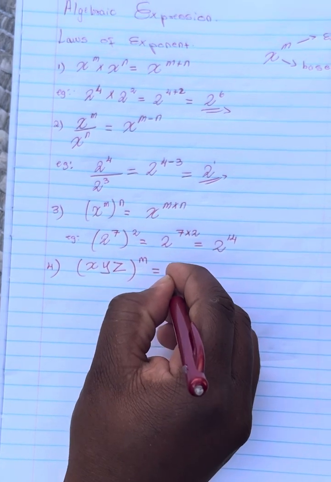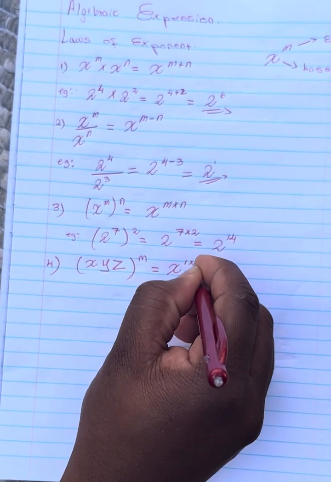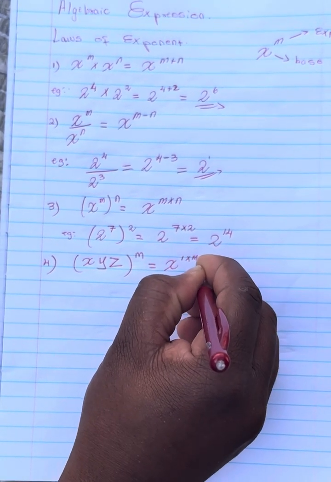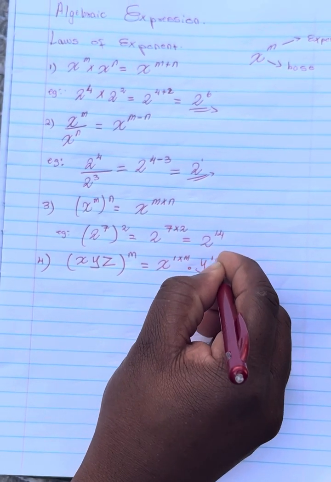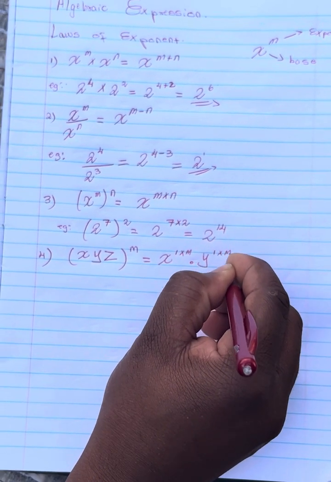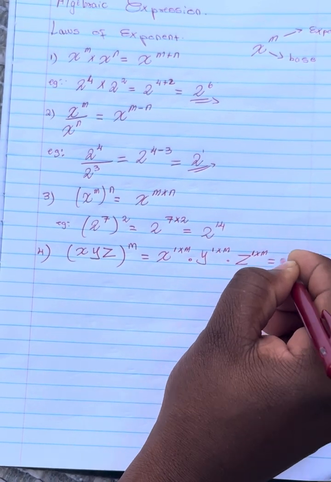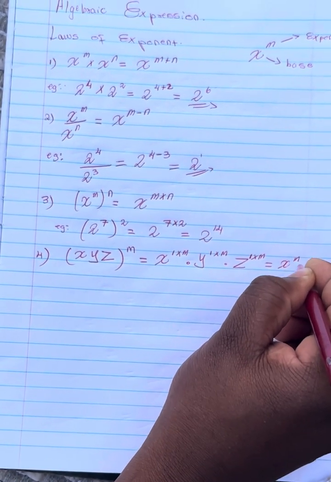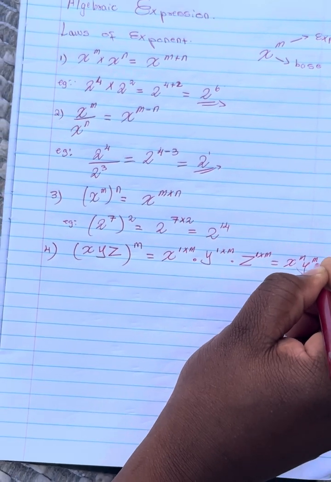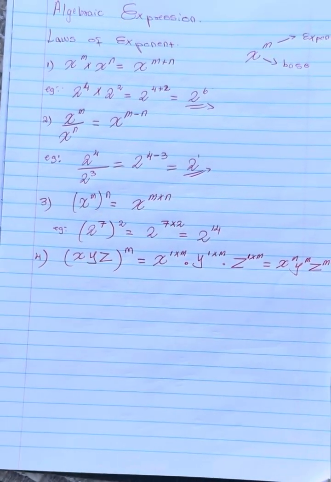So it will be x to the power of 1 multiplied by m, y to the power of 1 multiplied by m, again z to the power of 1 multiplied by m, which is the same as x to the power of m, y to the power of m, and z to the power of m.